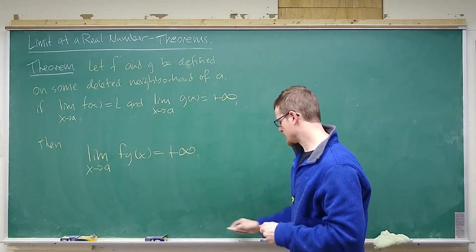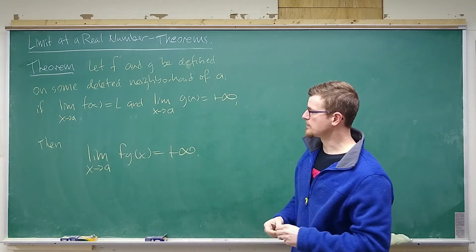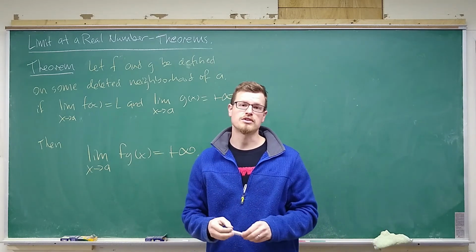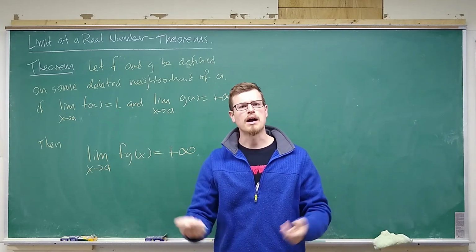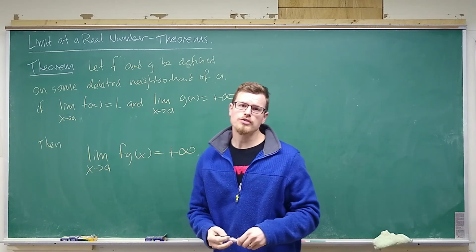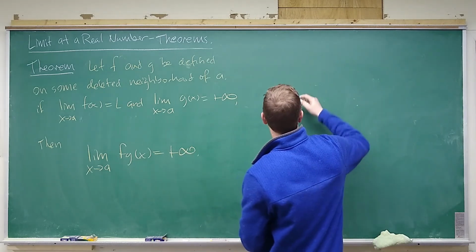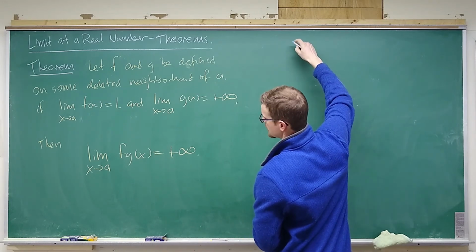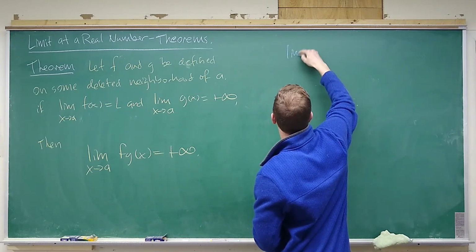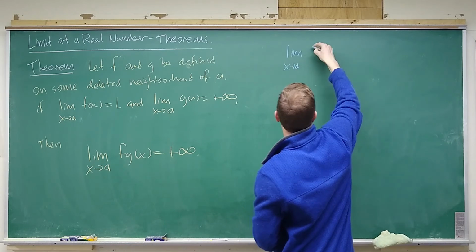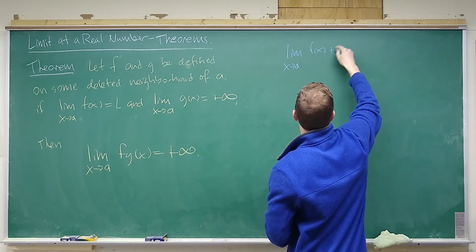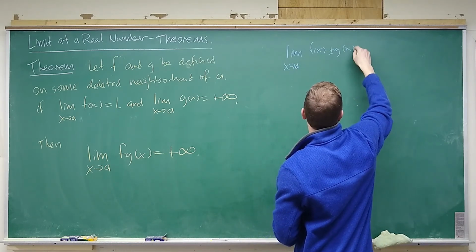So this should be pretty clear. This should make quite a bit of sense for us. Not anything too surprising, but it's just a nice reminder for us. And we should also think to ourselves, well, what about other cases? So this is the product, but what about the limit as x approaches a of f of x plus or minus g of x?